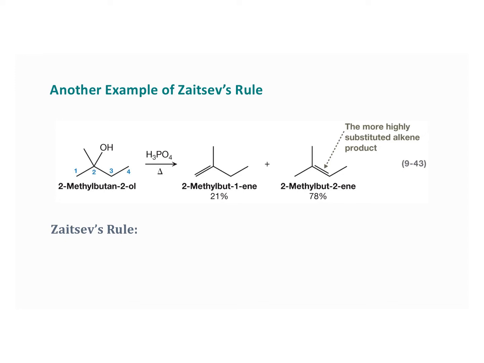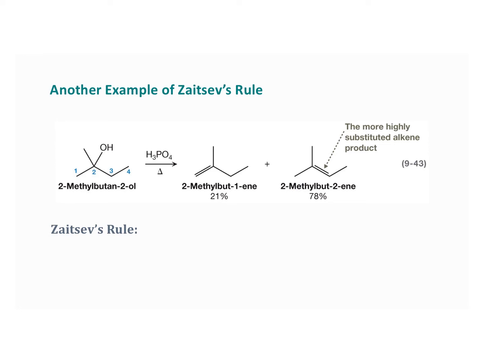I want you to notice here that we have beta hydrogens here and beta hydrogens here, right? And we're removing these hydrogens, which gives us the more stable product. It's a more highly substituted alkene product. There are more R groups around the double bond, right?